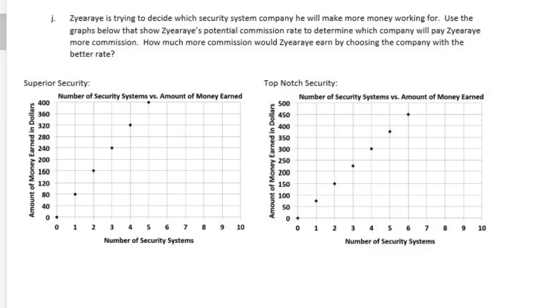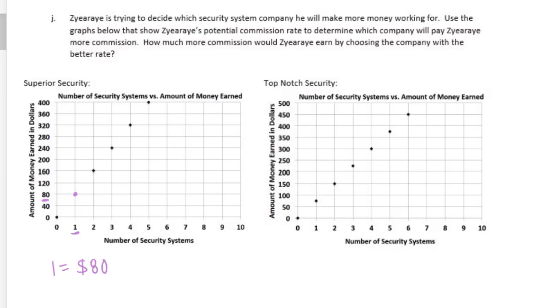J. Zaire is trying to decide which security system company he will make more money working for. Use the graphs below to show Zaire's potential commission rate to determine which company will pay Zaire more commission. How much more commission would Zaire earn by choosing the company with the better rate? So, superior security. Let's see. For one security system he installed, he would earn, right here, $80.